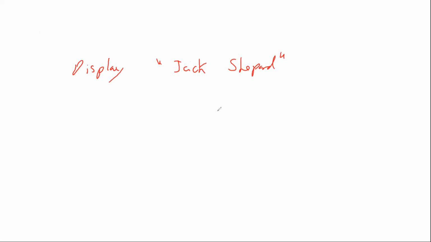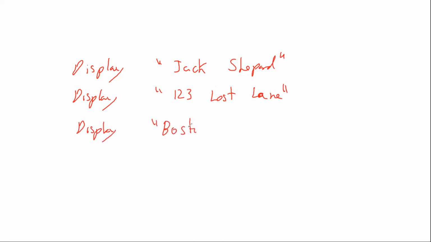Okay, and then another display, and that's going to be, I think, 1, 2, 3 Lost Lane, and then display Boston, Massachusetts, and then a zip code placeholder there. And then finally, we have two things.